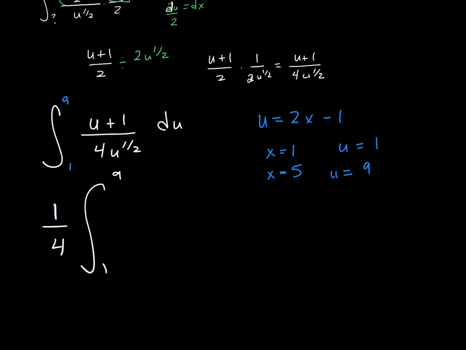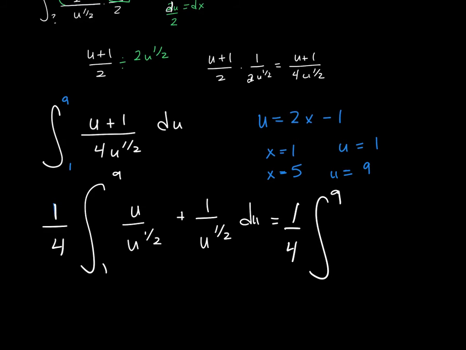Now, I can't leave it this way. This is again u over u to the 1/2 plus 1 over u to the 1/2 du. So now I can rewrite this as 2 separate pieces, and I can finally do the integration, and that gives me u to the 1/2 plus u to the negative 1/2 du.